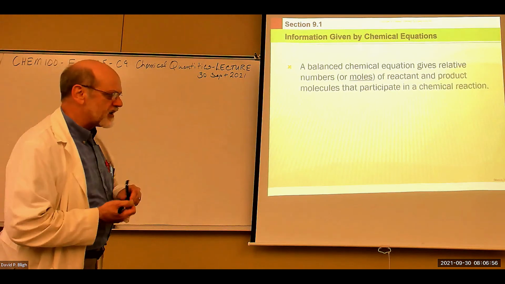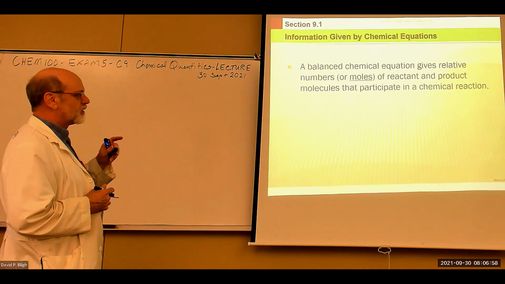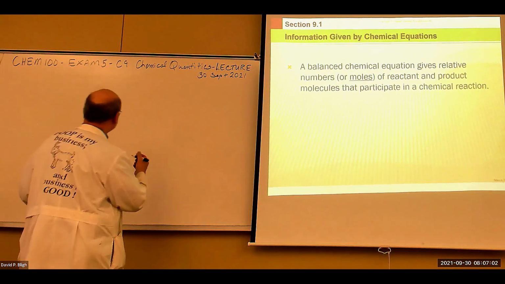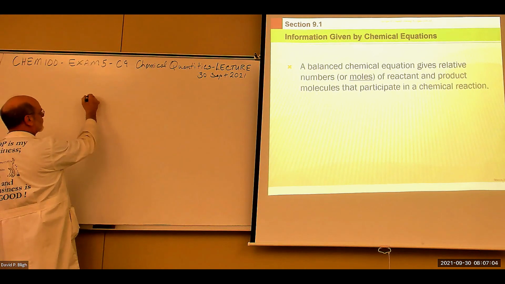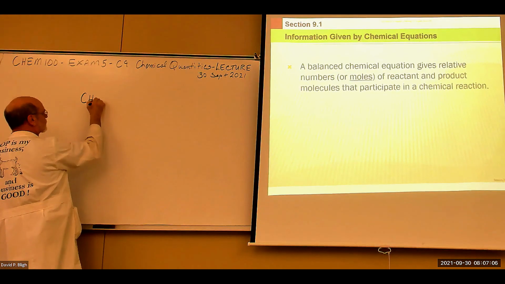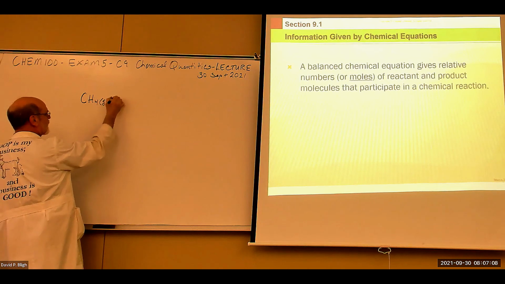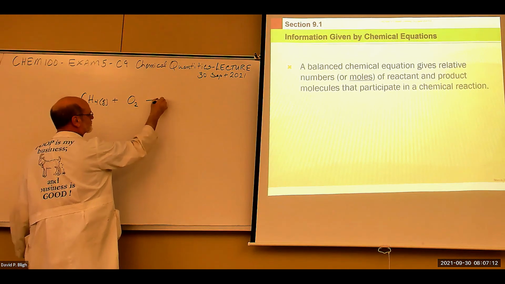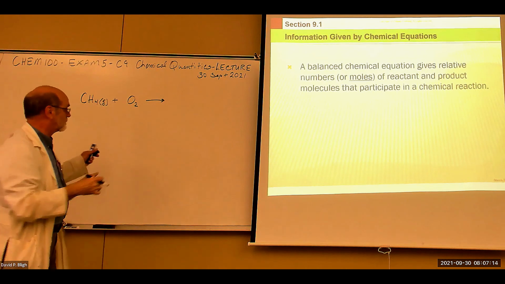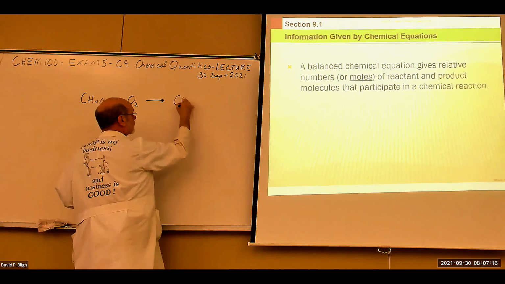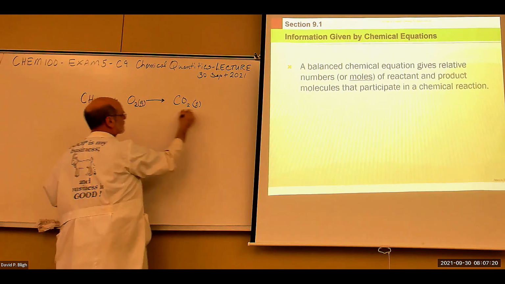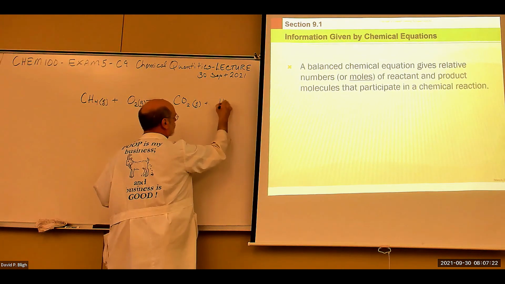Remember, a balanced equation gives us the number of moles of reactant and product. So for instance, if we have methane, I call that a gas, and we combust it, react it with oxygen, we get carbon dioxide, gas, and water.